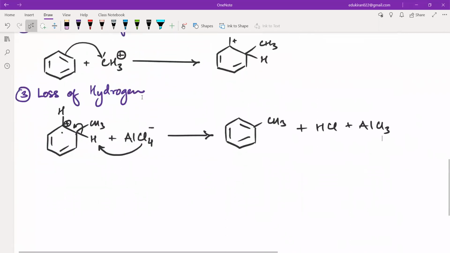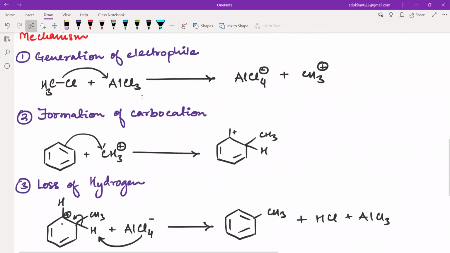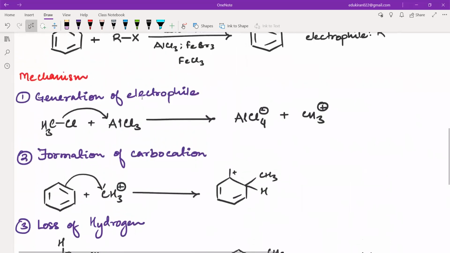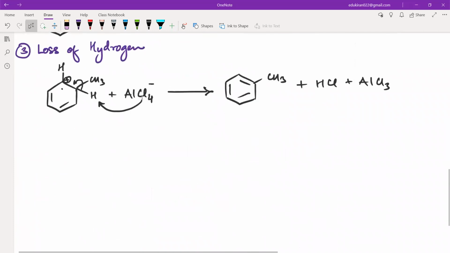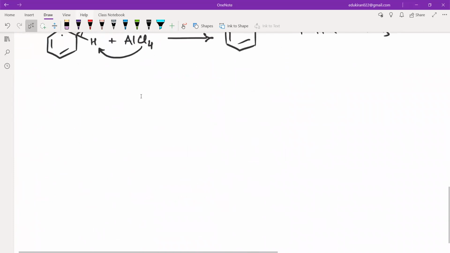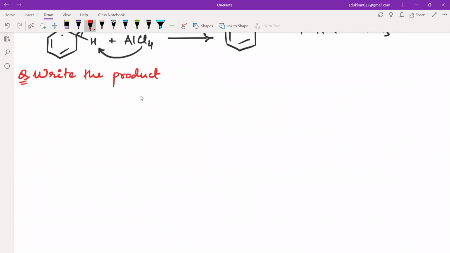So next is, now important point is, wherever you have the chlorine atom, wherever the halogen is attached on the carbon atom, from there you are going to form the bond. Okay, so I'm going to give you some questions. Write the products for following.